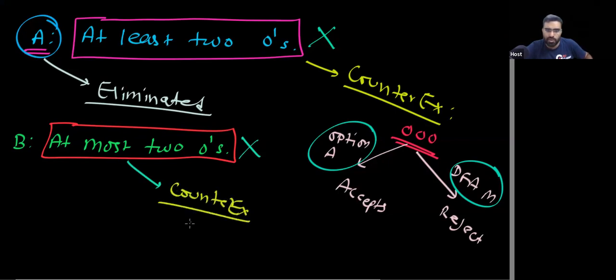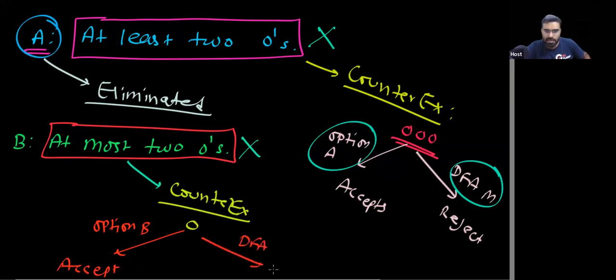The counter example you can take is 0. According to option B, this should be accepted, but this DFA will reject it. So this option is also eliminated. So this is the idea.